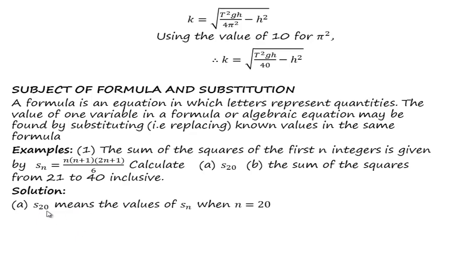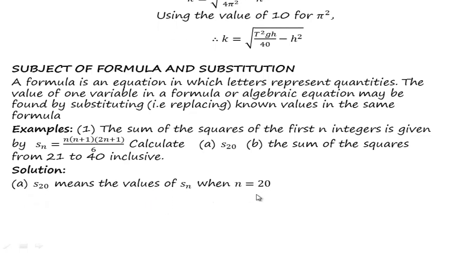It means that n is equal to 20, and wherever you see n in that equation, you put 20 there. When n is 20, that's the meaning. Now that means S20 will be equal to n, which will now be 20, times n plus 1, which will now be 20 plus 1, and then 2n plus 1, which will be 2 times 20 plus 1, close the bracket, all divided by 6.